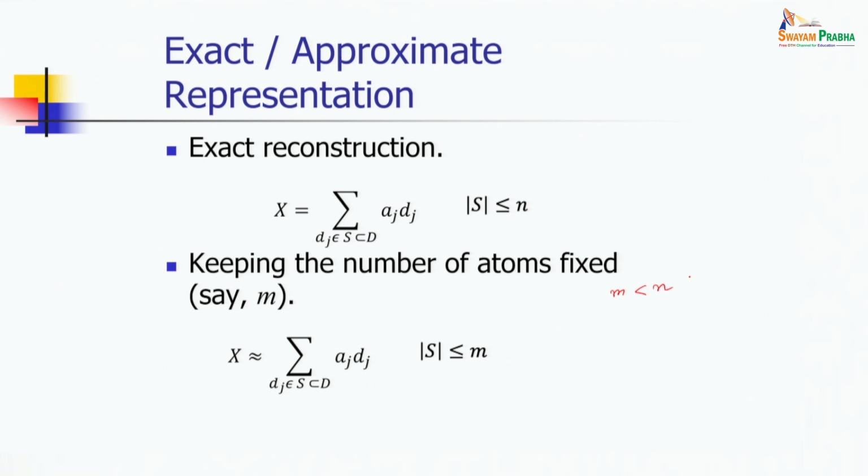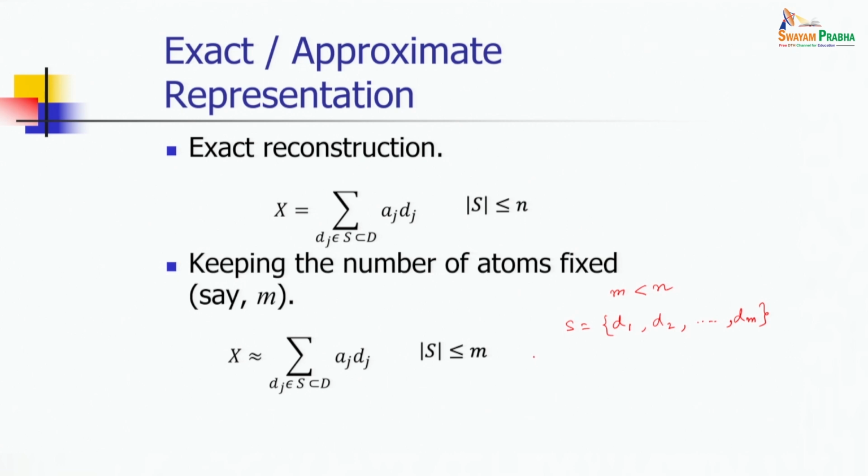We consider the same linear combinations again. Suppose you have chosen a subset S, and instead of having n atoms, without loss of generality, let me consider there are m atoms where m is less than n.